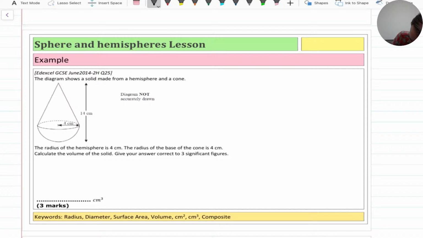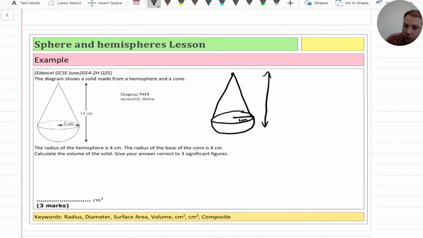I'd probably start with an oval like so, and then pick a point at the top and draw 2 lines up, like so, and then do your cone at the circle at the bottom here, and we're going from the centre to the edge, which is 4 centimetres. That's how you draw it, and the full height of this is equal to 14 centimetres.